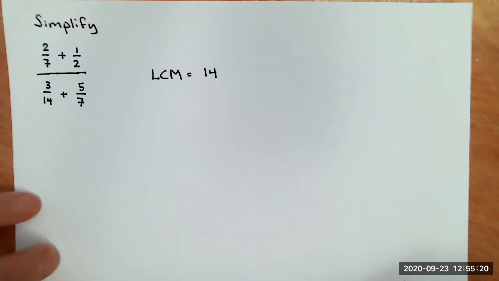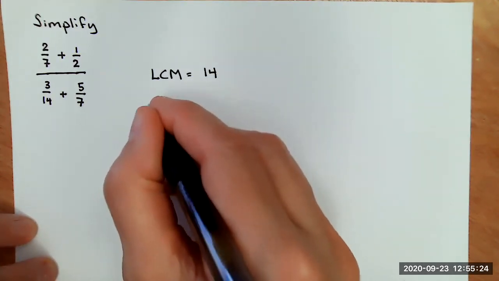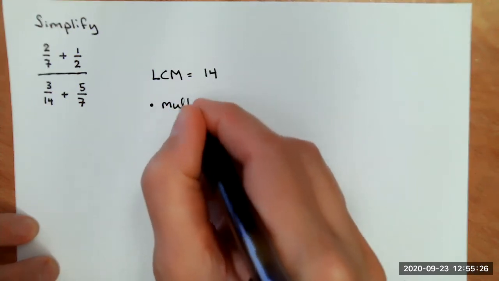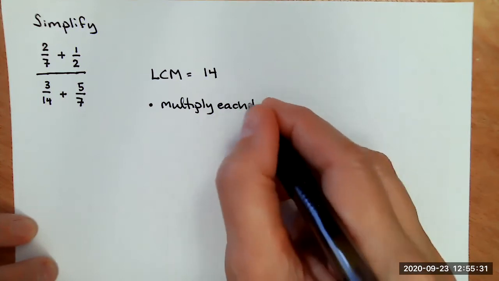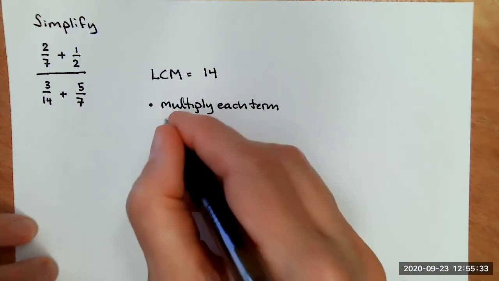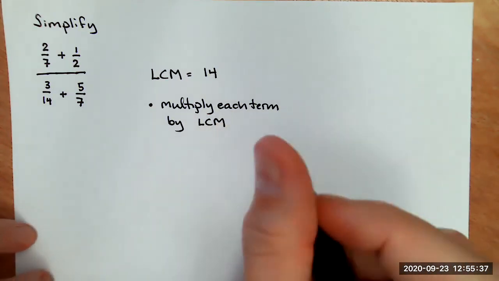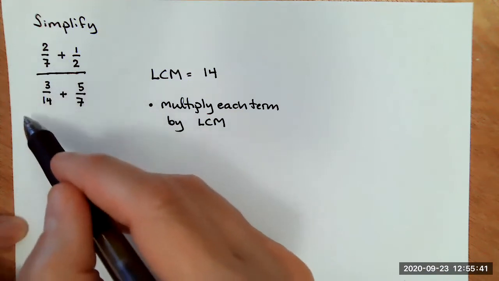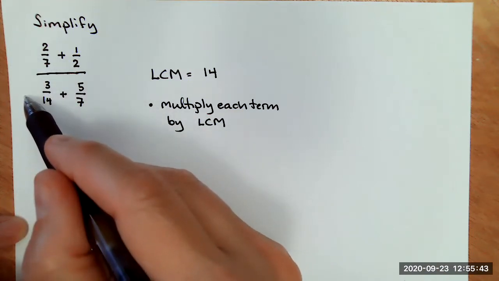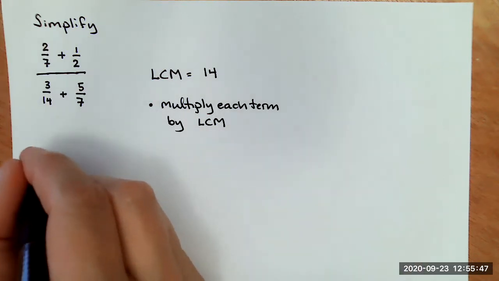And then we'll use the shortcut here, where we multiply each term by the least common multiple. And that's just skipping the step of multiplying the numerator by 14, multiplying the denominator by 14, and then distributing. So that looks like this.